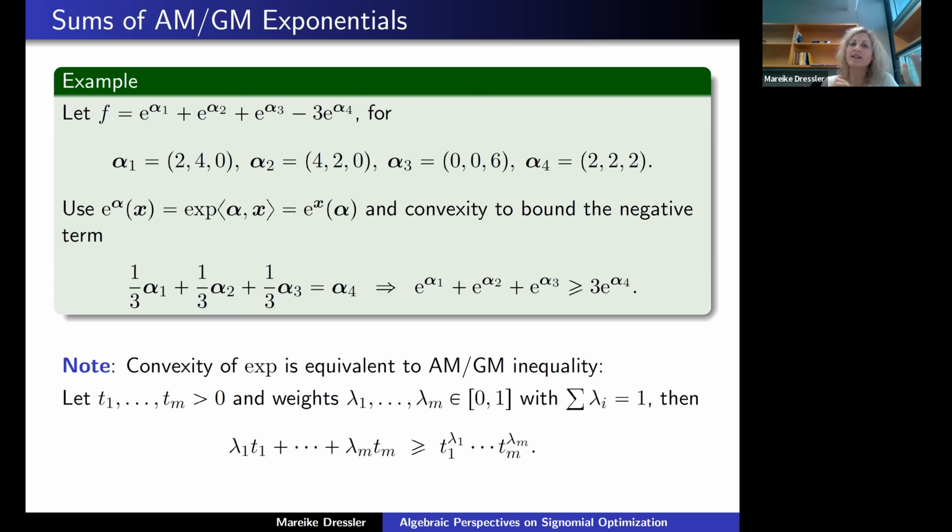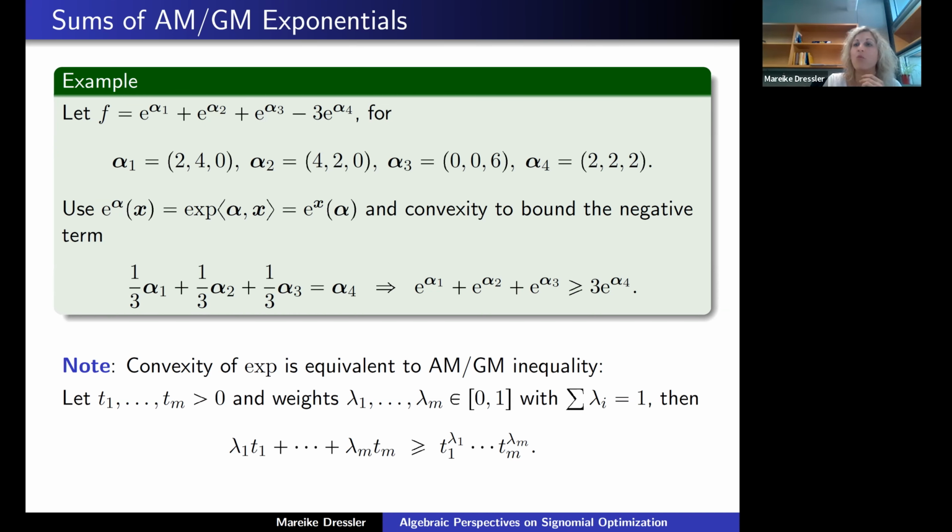You can equivalently show this non-negativity via the AM-GM inequality. And then appealing to strong duality, that shows that certifying this inequality can be accomplished in a computationally tractable manner. Okay, so far so good.